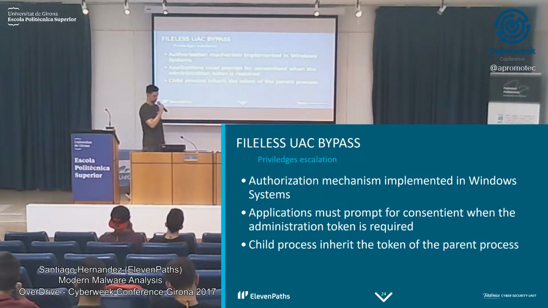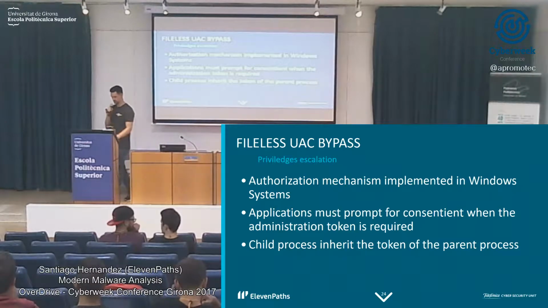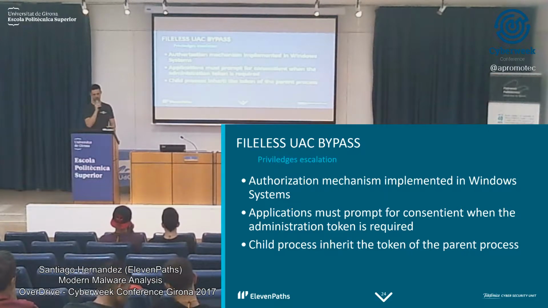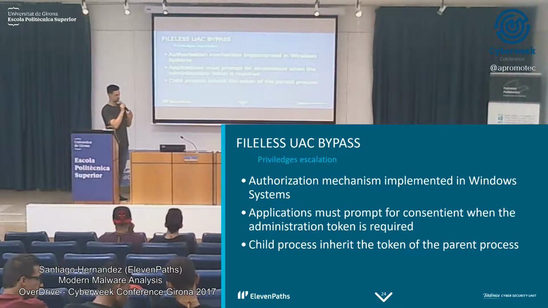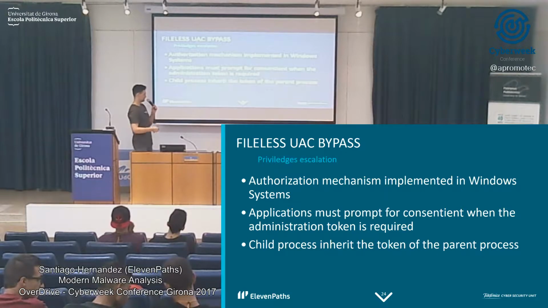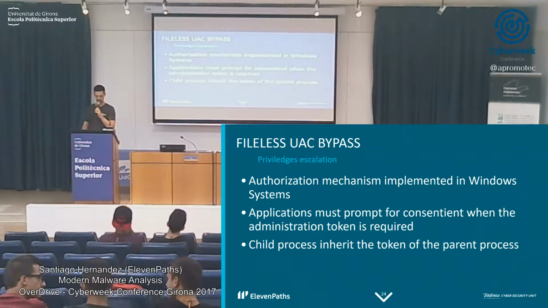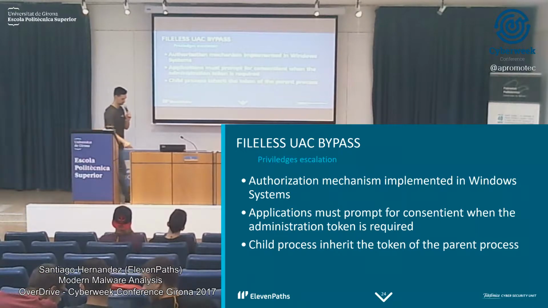The special thing is that when a process executes as administrator in Windows, it will have an administrator token, and that token will be inherited by the children that are made from this process.